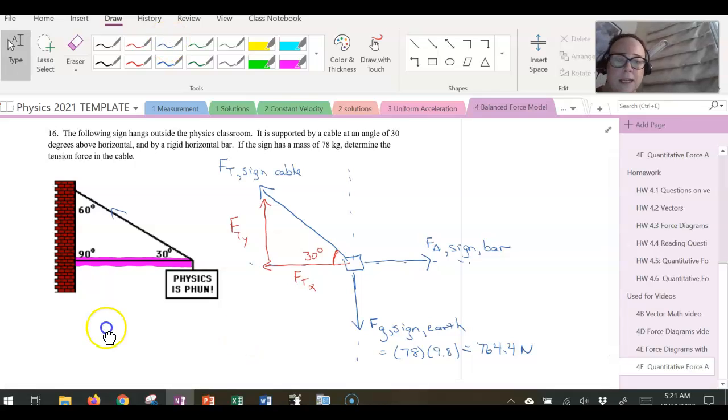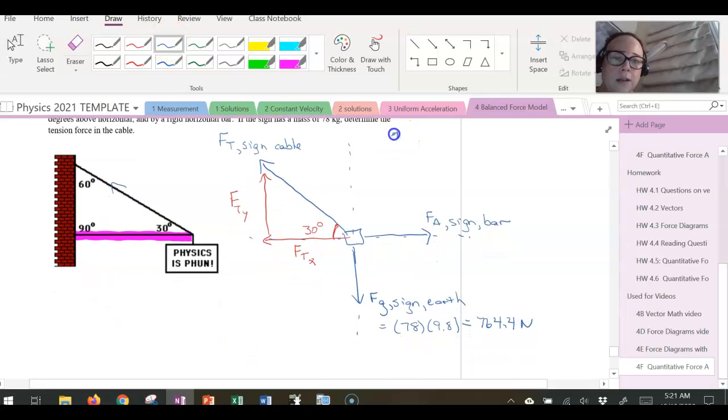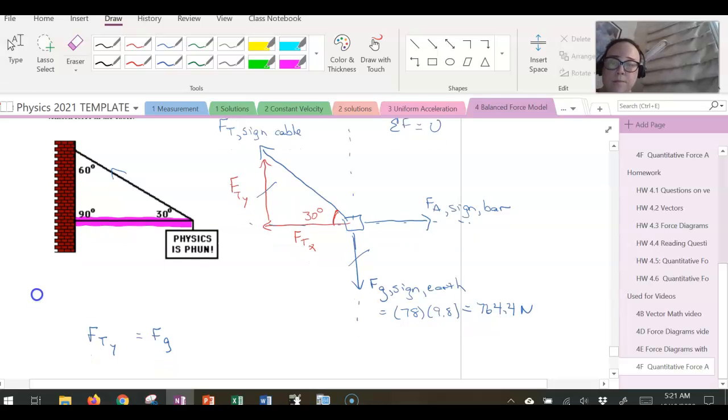Okay, so they're asking me to figure out, and that's all they've told me. So let's see if I can, I know that the net force is 0 because it's motionless. And so let me look at the vertical direction. I only have two forces, and so those two forces must be equal to each other. So I know then that the y component of the tension force equals the force of gravity, and I know the force of gravity.